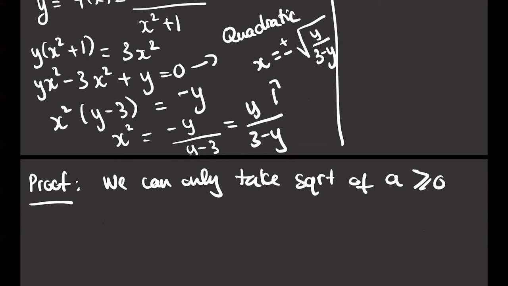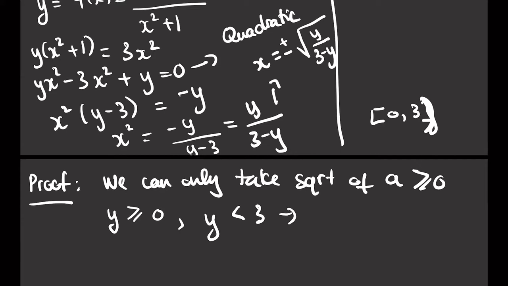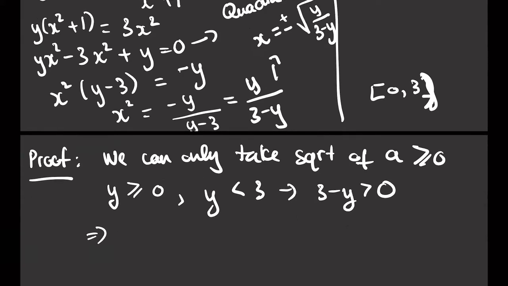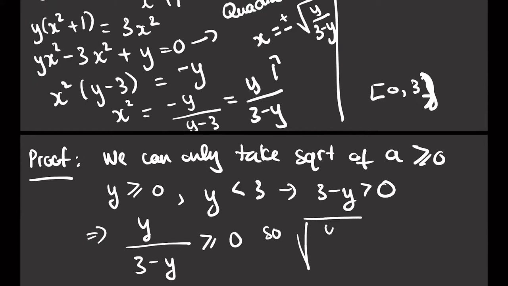I know y is greater than or equal to 0 because we pick y from this interval, right? Sorry, it's a round bracket here. And y is less than 3, so 3 minus y is greater than 0. So both numerator and denominator are non-negative, so the fraction is greater than or equal to 0, and the square root of y over 3 minus y exists.